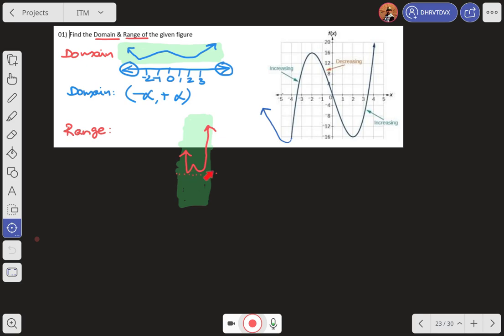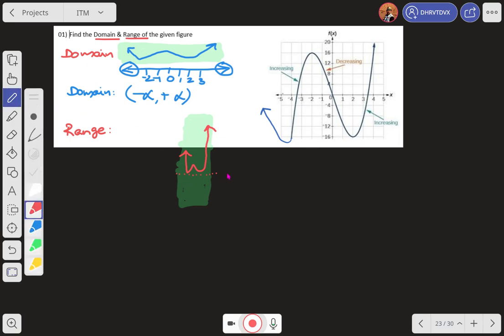Therefore, the lowest value is -16. And what is the highest value? That I need not tell you, it's going on and on and on. Therefore, this is going to be positive infinity.